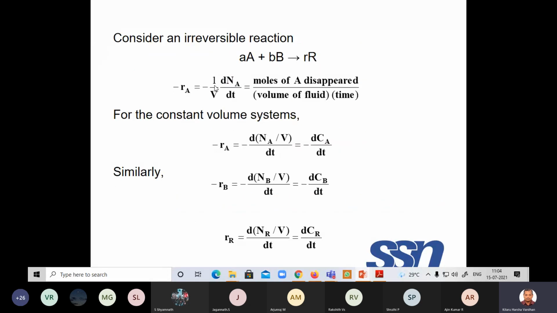So how to write the rates for different reactants and products. You can write the rate based on the consumption of A or consumption of B, or if there is one more reactant, you can write for that also. So here the negative tells it is a reactant and positive tells it is a product.